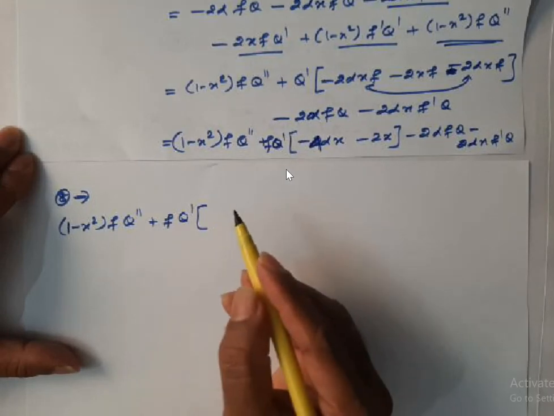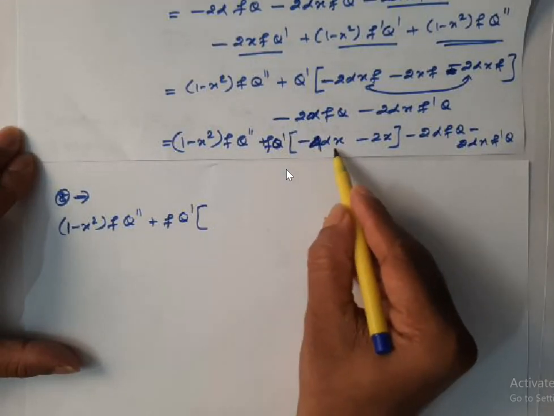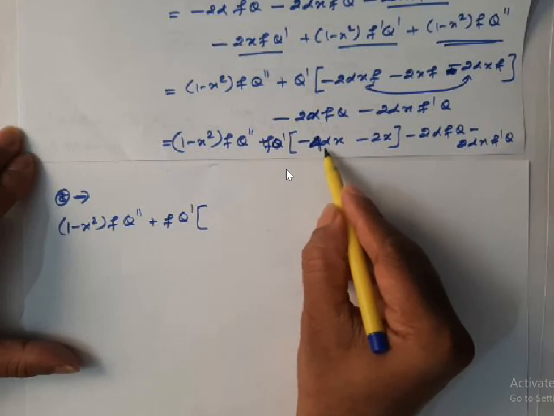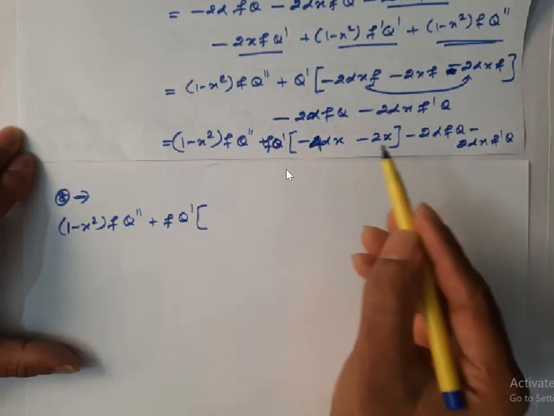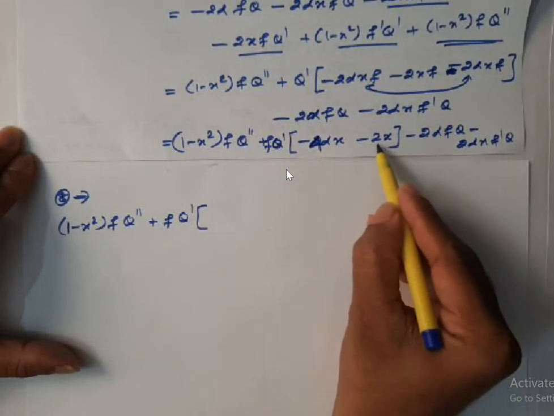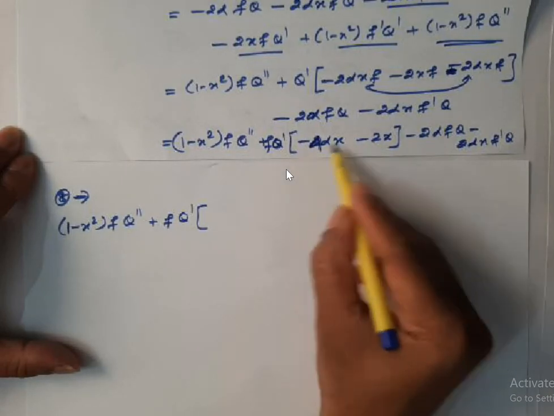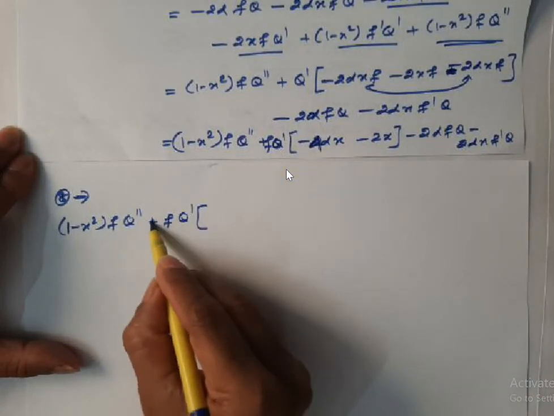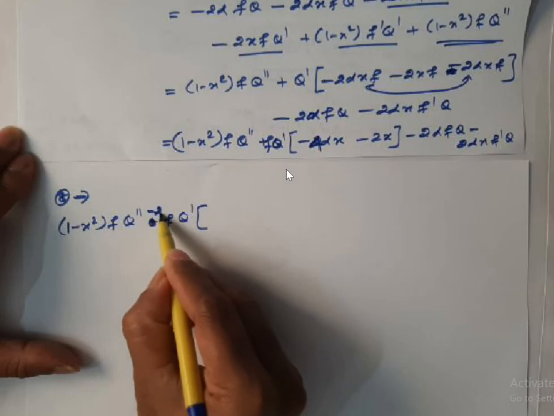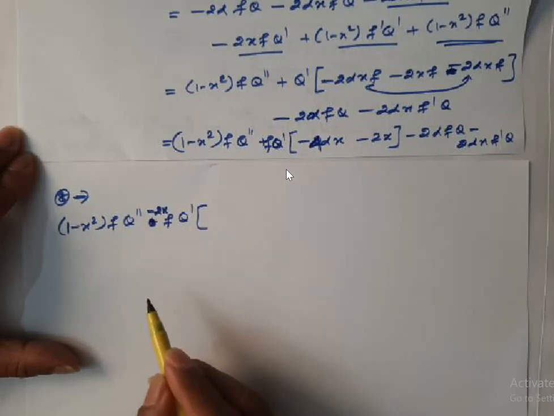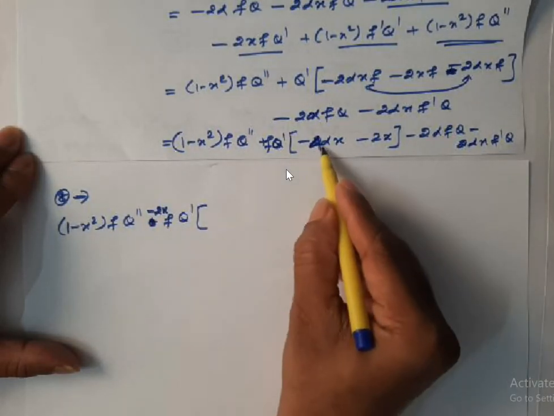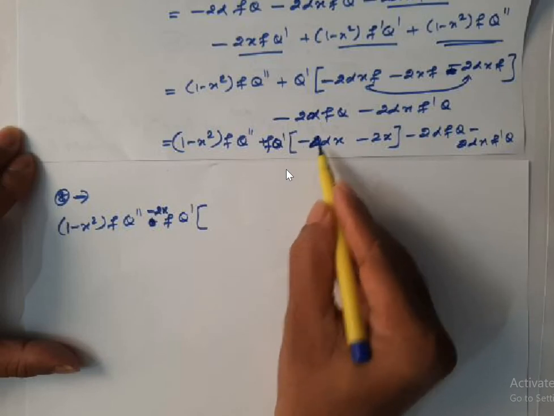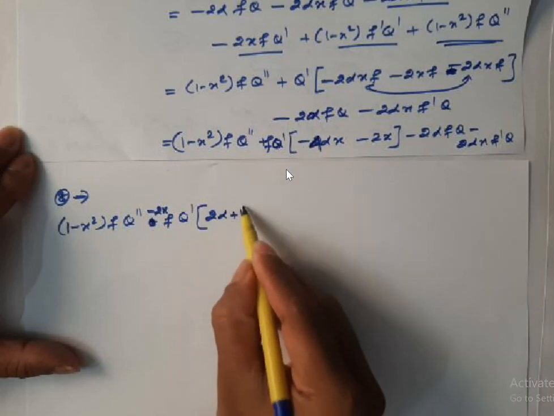Here we have minus 4 alpha x. Here we have minus 2x. So if I take minus 2x as common, minus 2x f q dash, if I take minus 2x as common, I'll get 2 alpha plus 1.